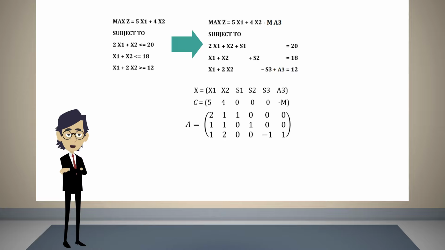For instance, in the third constraint the coefficient of x2 is 2, and this number is written in the second column of the third row of the A matrix. Finally, we will define vector B as the vector that represents the numbers appearing on the right-hand side of the constraints.